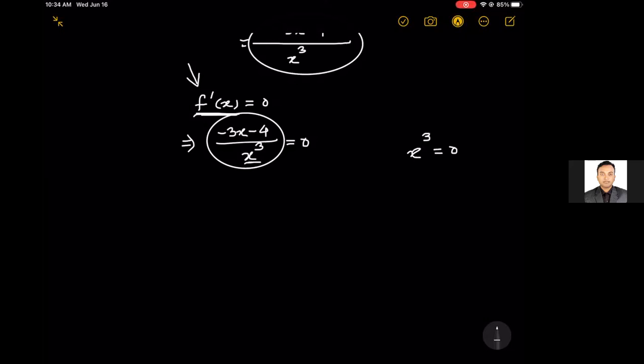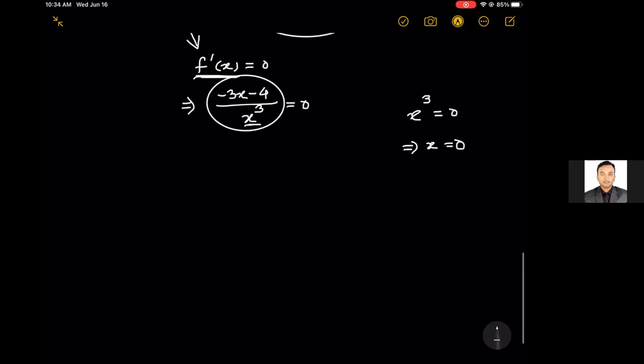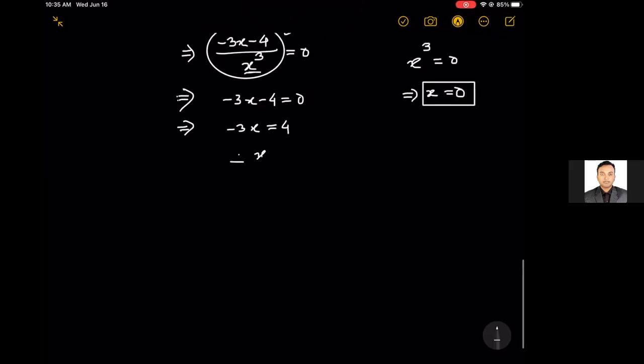So your denominator will be 0 for x equals 0. So this will be a critical point. And if this fraction is 0, that means the numerator is 0. We just need to solve it for x. So negative 3x is 4. That means x is negative 4/3. This is another critical point.